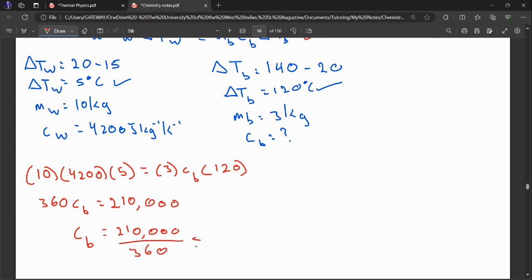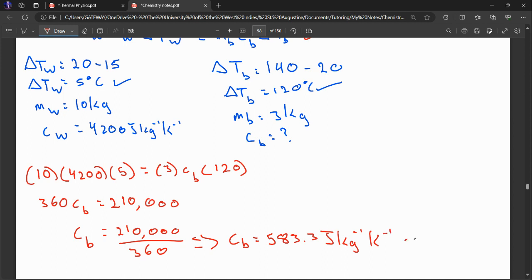Right? I'm getting 583.3, and this will be joule per kilogram per Kelvin.